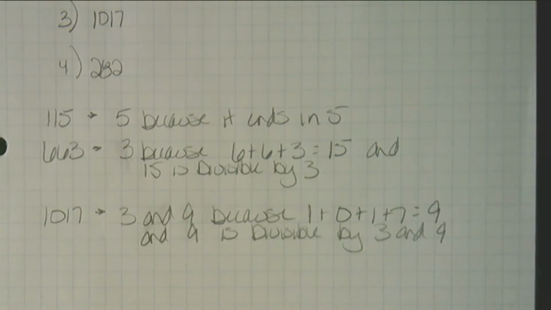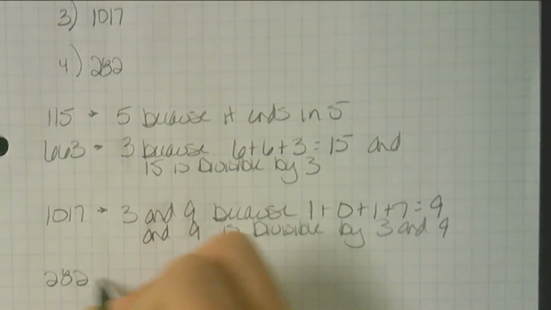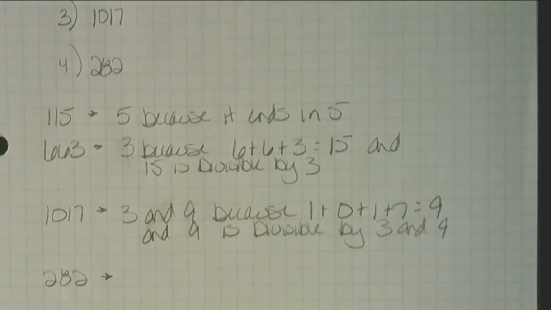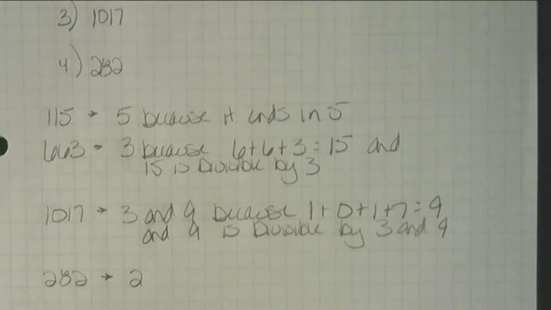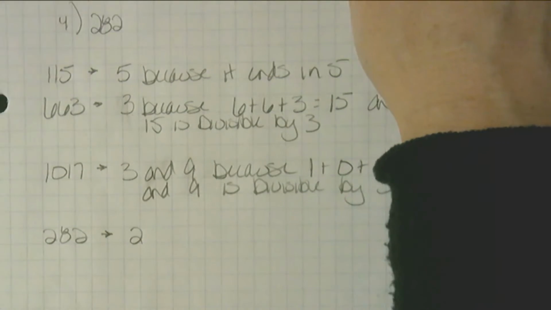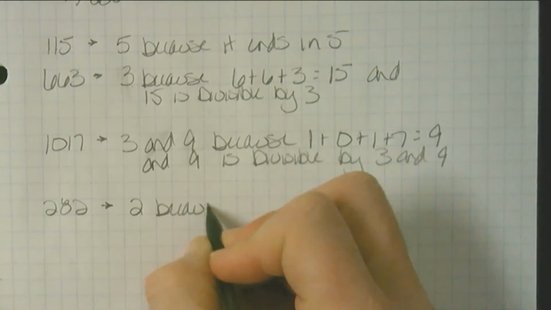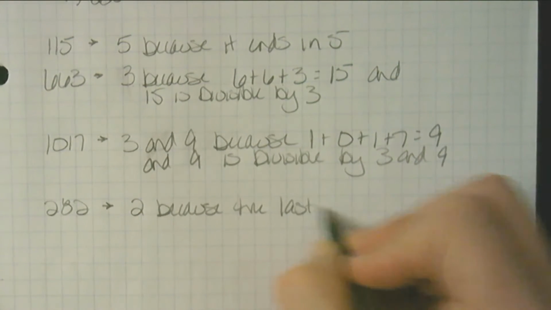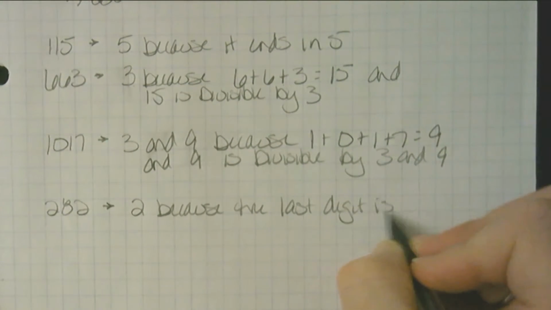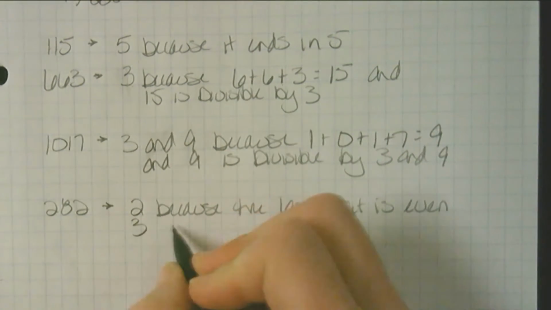All right, how about, I think our last one was 282. Who wants to do that one for us? Mateo? Since they're all different rules, you have to tell me individually. So why 2? All right, hang on one second, because the last digit is even, or the number's even, however you want to write that. 3, why 3?